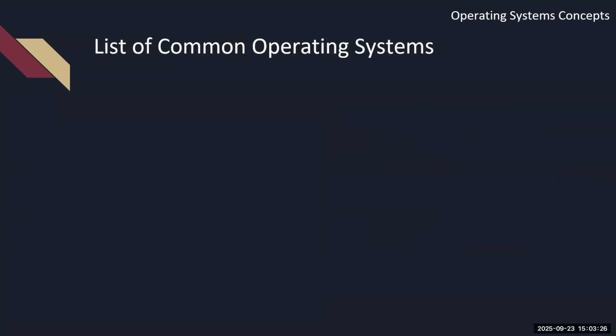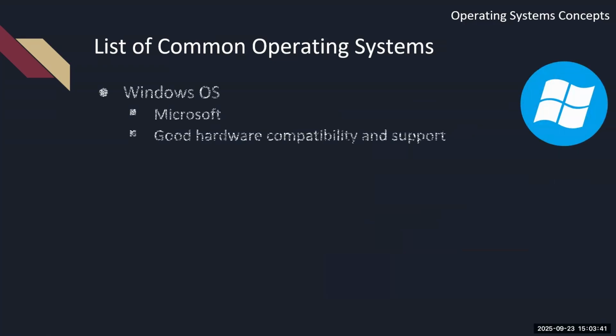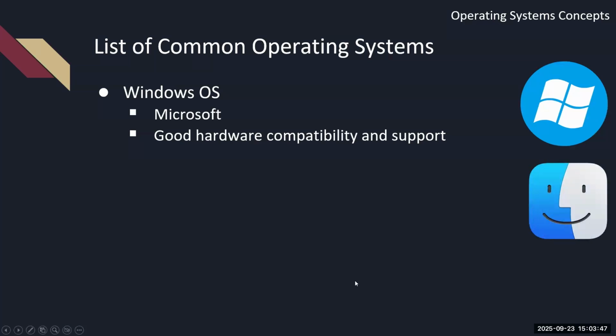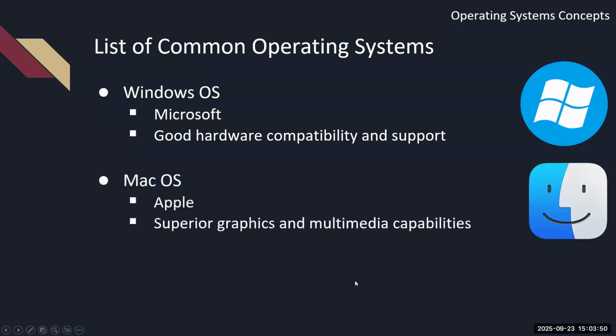We all use computer, and I believe that everybody has already used an operating system. So can anyone name an operating system you have already used? Windows. Very good. Windows is one, by Microsoft. Anything else you can think about? Mac. Very good. Mac. These are the most popular ones for computers.